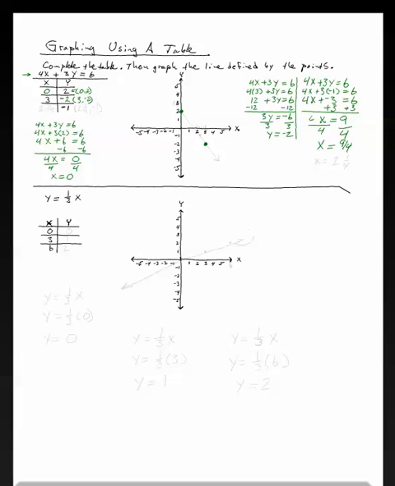But remember, improper fractions are hard to graph, so I would turn that into a mixed number. 4 goes into 9 2 times with a remainder of 1. So it's really 2 1/4. So we've got (2 1/4, -1). And that's our point. So now we want to graph this. We start at (0, 0).